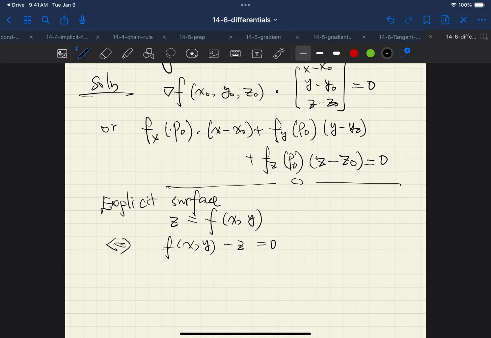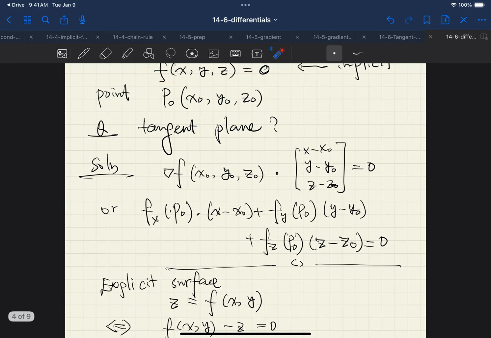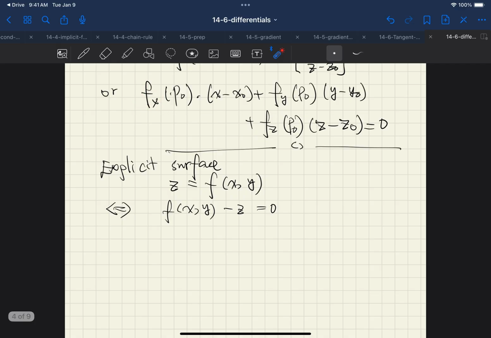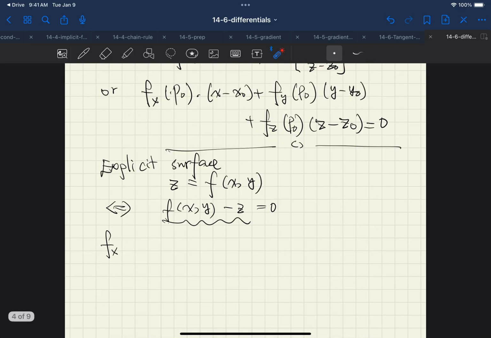Then we can use this formula applying to this function. In other words, this is corresponding to the whole function on the left hand side, and we take the partial derivative of f with respect to each variable and take the dot product. If I take the partial derivative with respect to x, it's the same thing as taking the derivative of f(x, y), because z has nothing to do with x, and then times (x minus x0).